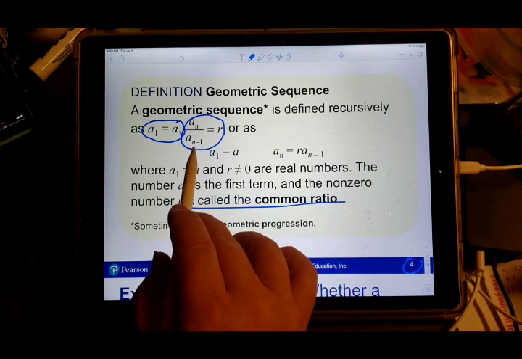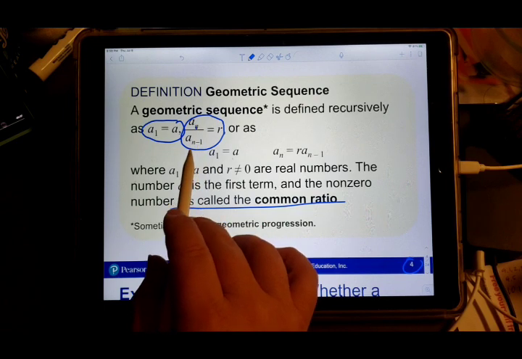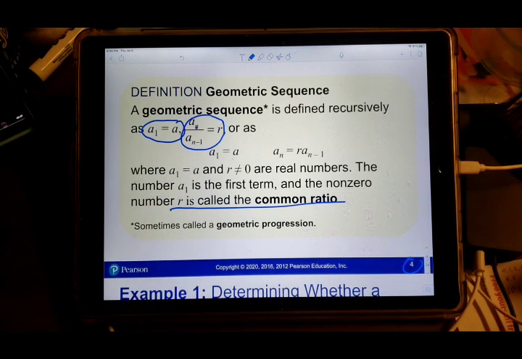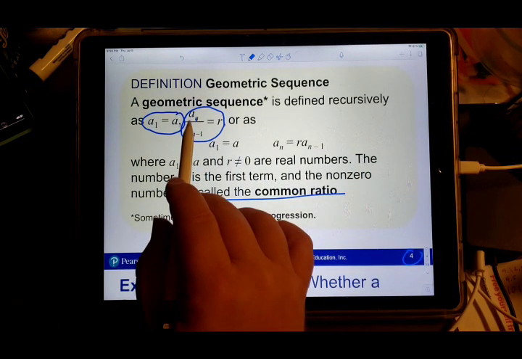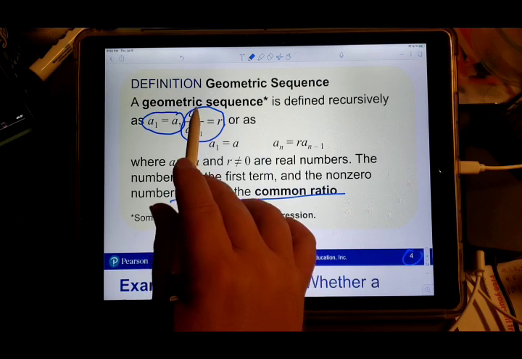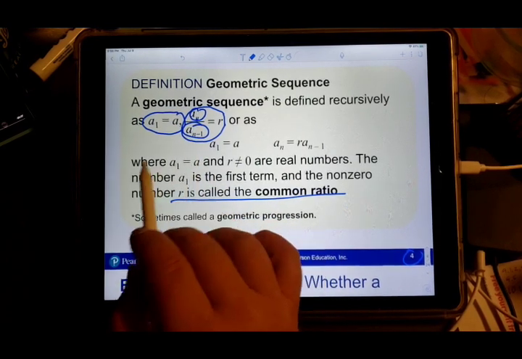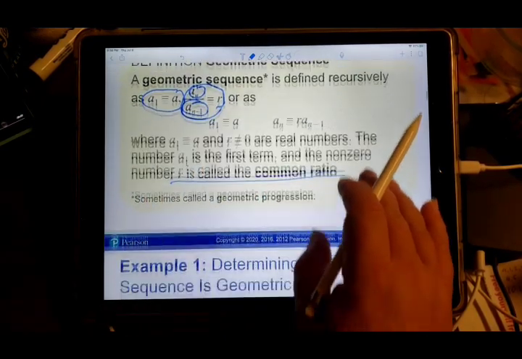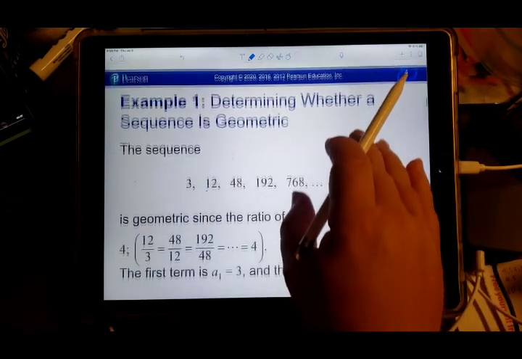In practice, it's very rarely calculated that way. You just kind of see it by inspection, by reasoning. But if you are ever in a pinch and you want to calculate it, it's any term divided by the previous term. If that's common, if that doesn't change in the list of the sequence, then you have an R, which is a common ratio. If you have a common ratio, it's a geometric series.